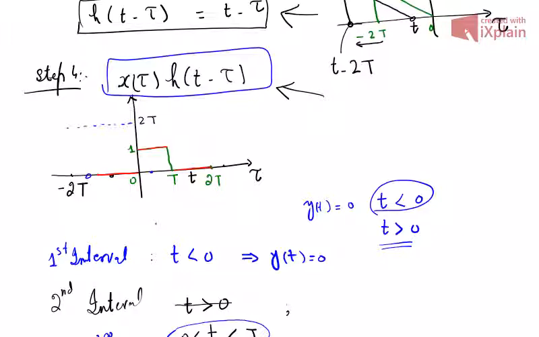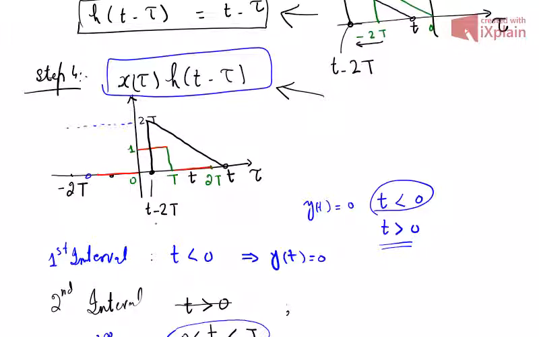Let me clarify. So we have t which is greater than 2T, okay. This is still t greater than 2T, this point, and this point is still t minus 2T, right? But t is greater than 2T now, and it is greater than 2T but less than 3T.